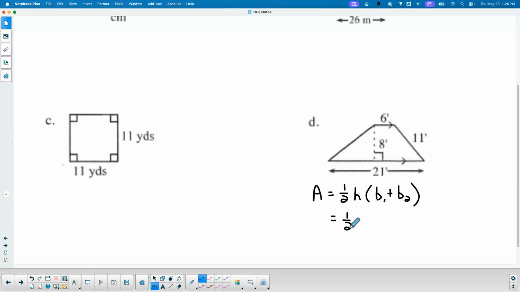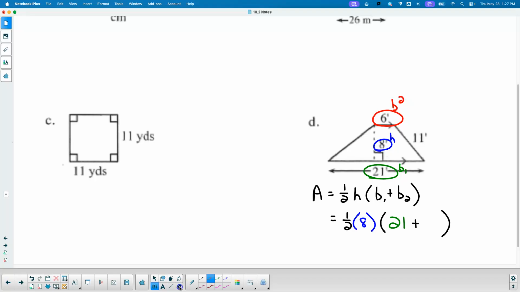What is the height? What is one of my bases? 21 is one base. If 21 is one base, what's the other one?